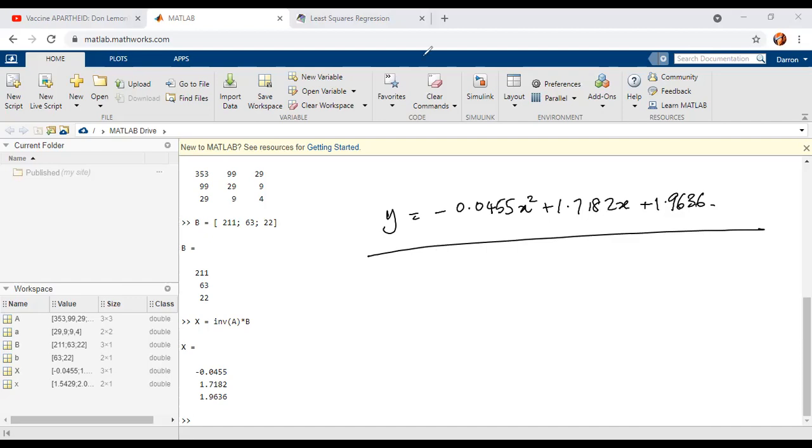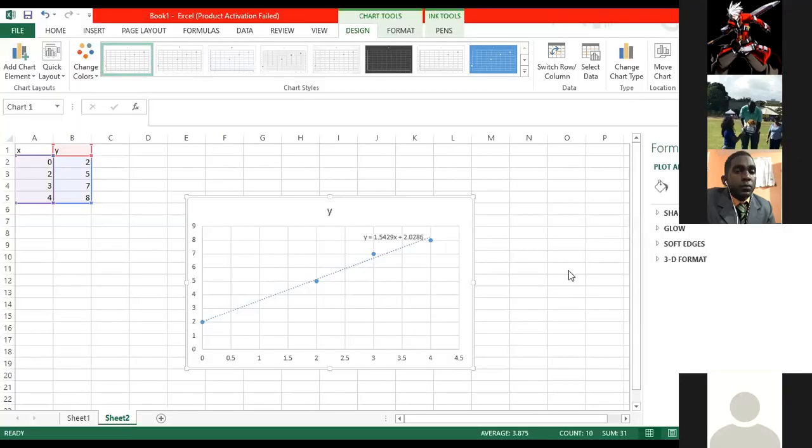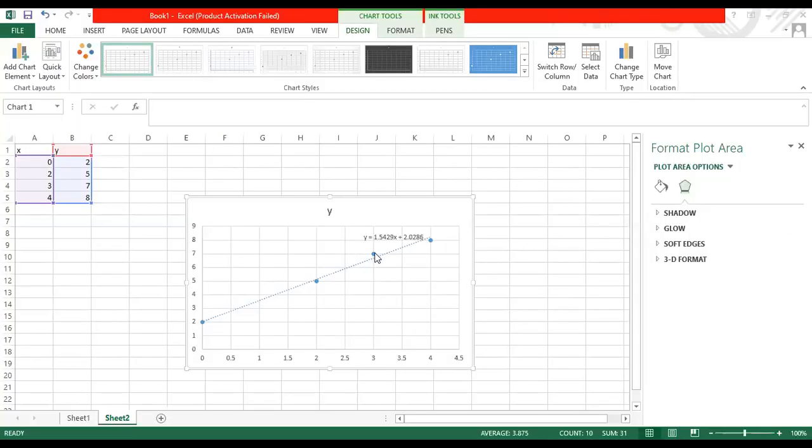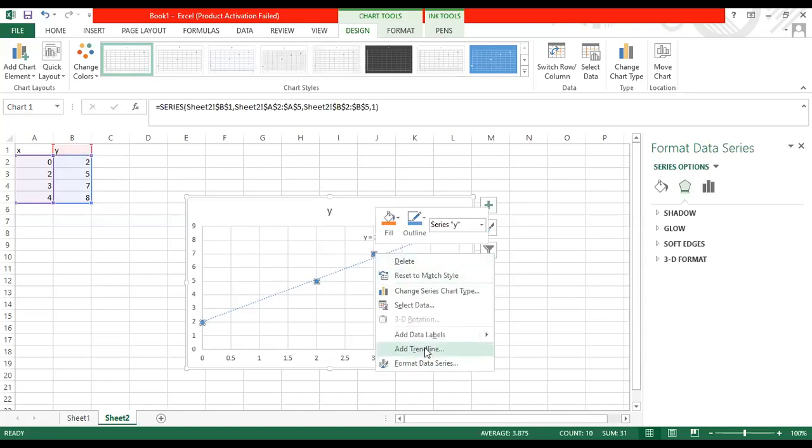So again, let's check it on Excel. It's just to change the trend line now to a quadratic because it's the same values.